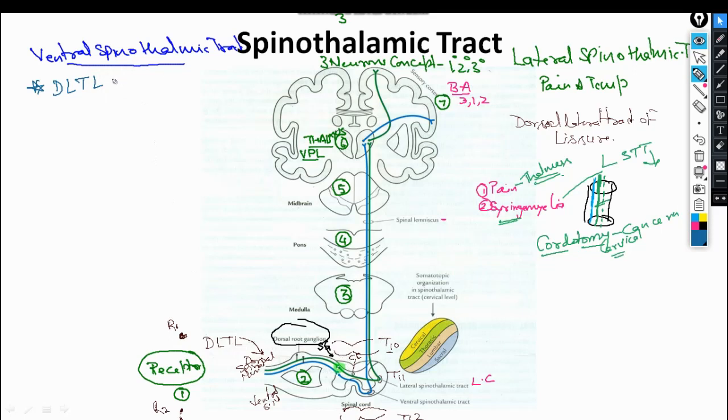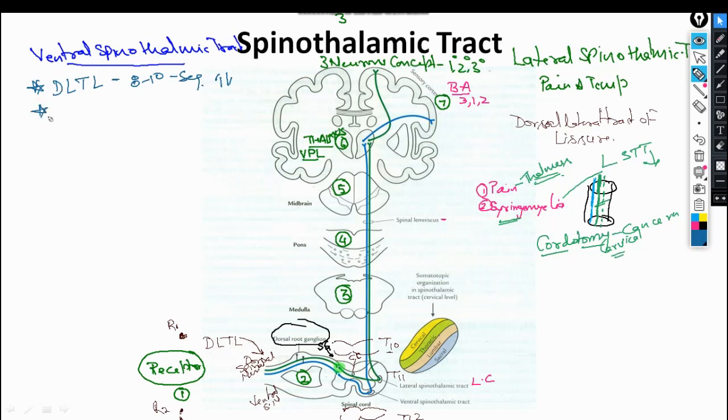But in the case of the ventral spinothalamic tract, it can descend or ascend 8 to 10 segments. This is the dorsal tract of Lissauer here.